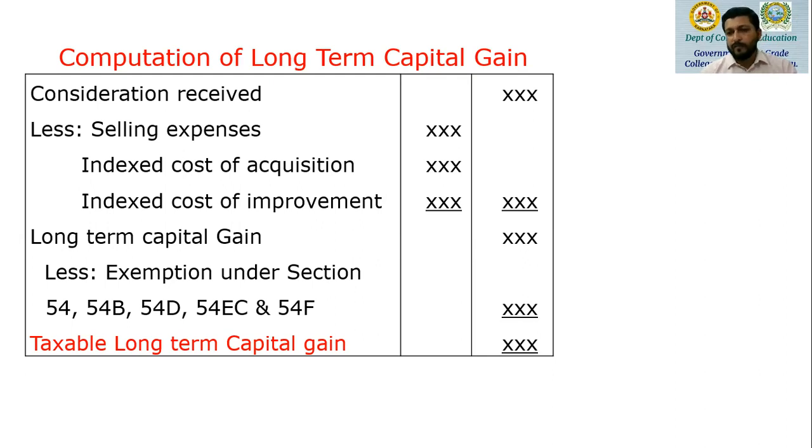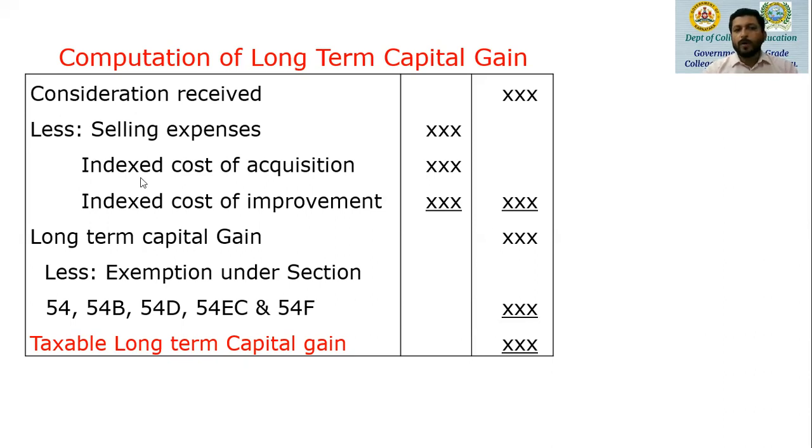Then we have 54F, transfer of any long-term capital asset other than a residential house. From this long-term capital gain, these exemptions can be deducted, and thereafter we arrive at what is called taxable long-term capital gain. Suppose in the problem there is no mention of any exemptions from long-term capital gain, then this long-term capital gain itself will be taken as taxable long-term capital gain.